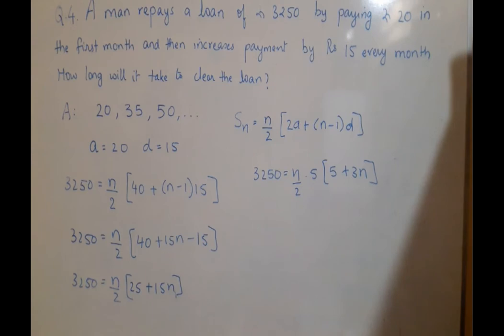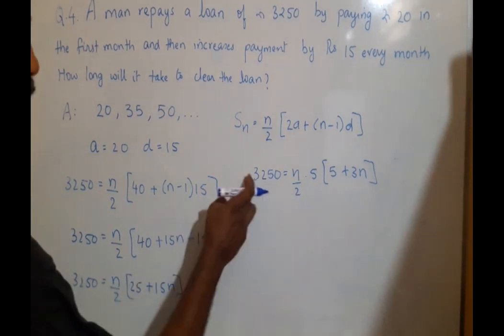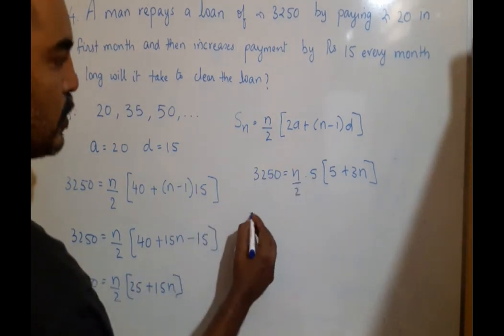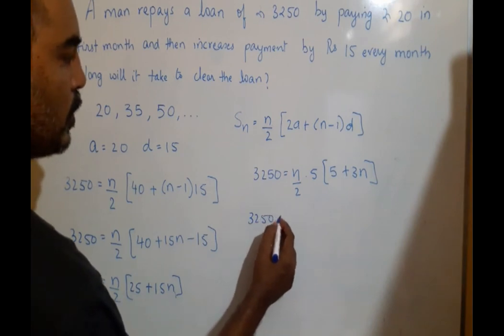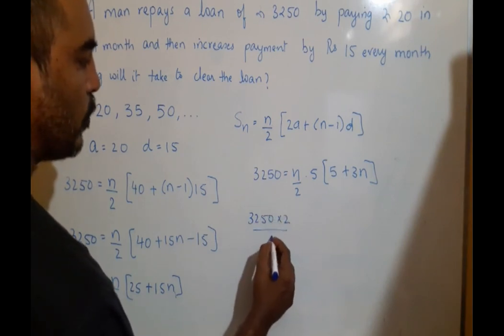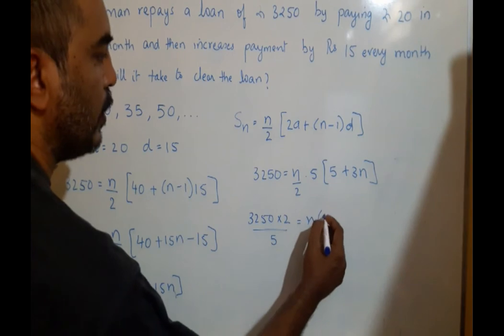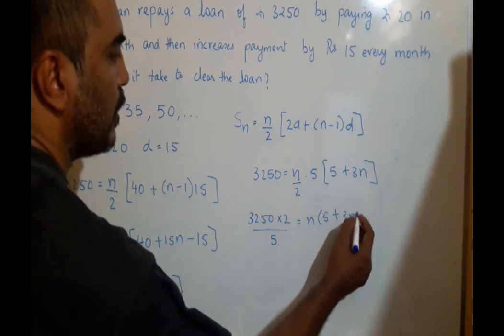Okay, what will you do now? The 2 goes into multiplication and 5 into division. So 3250 into 2 upon 5 equal to n into 5 plus 3n.